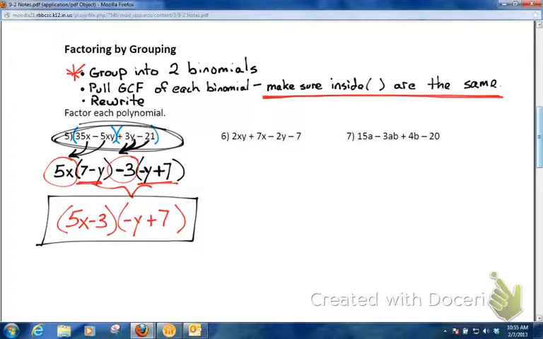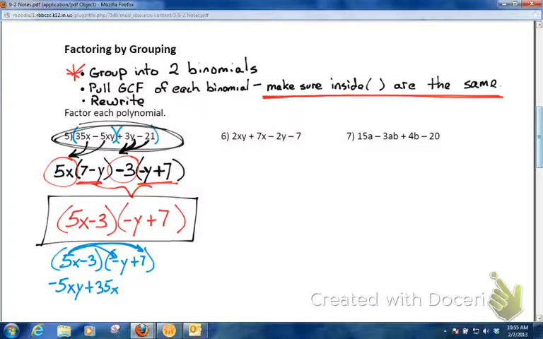And again, how would you check this? Well, if you wanted to check, you simply take this and FOIL it, or distribute it. I'm going to say 5x minus 3 times negative y plus 7. 5x times negative y is negative 5xy. Positive 5x times 7 is positive 35x.